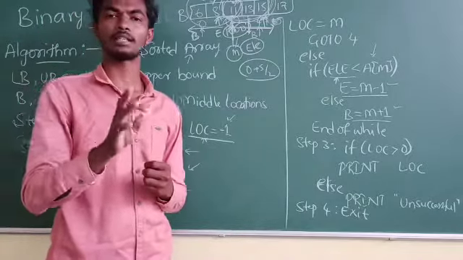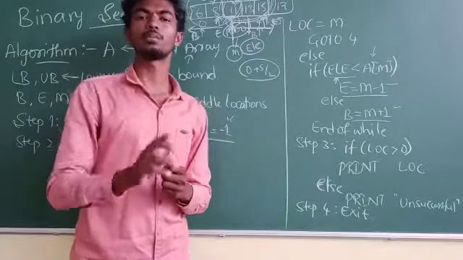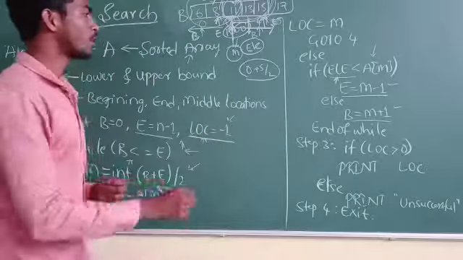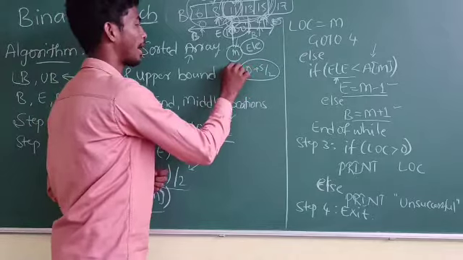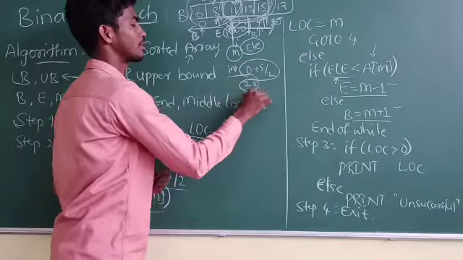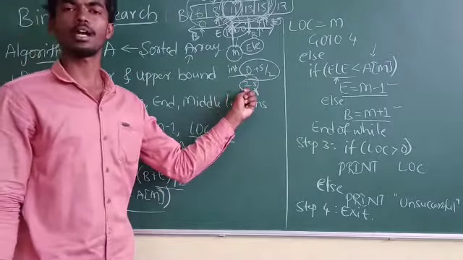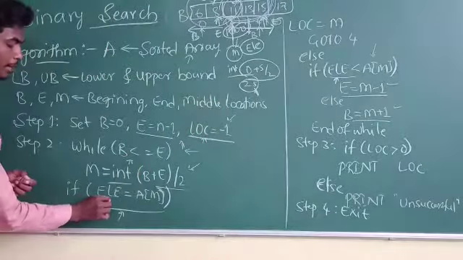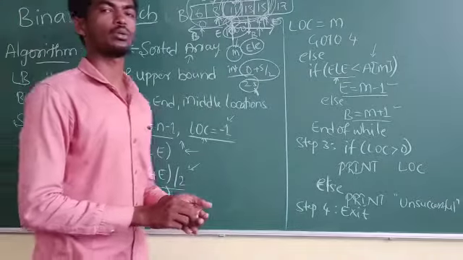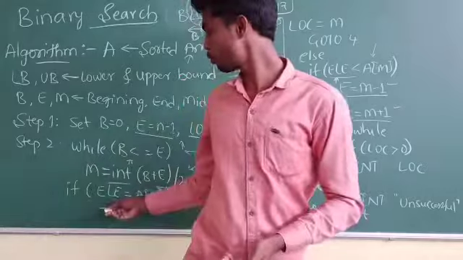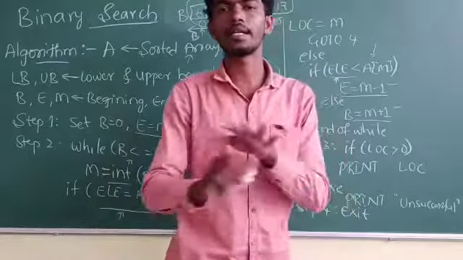I have said that indexes should be positive integers, right? So for that reason int is added here. It will give 2.5 and is taken as 2. Understood?